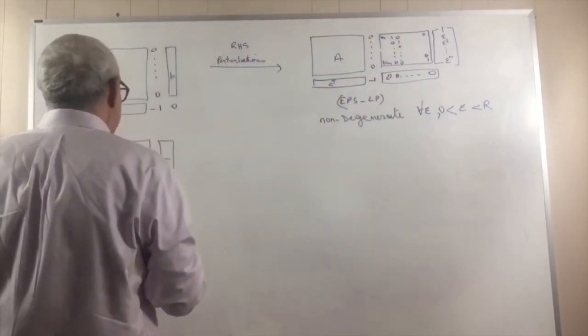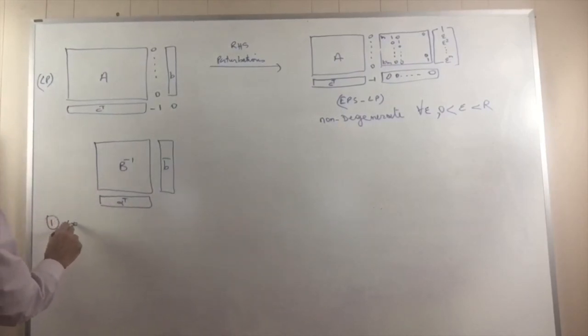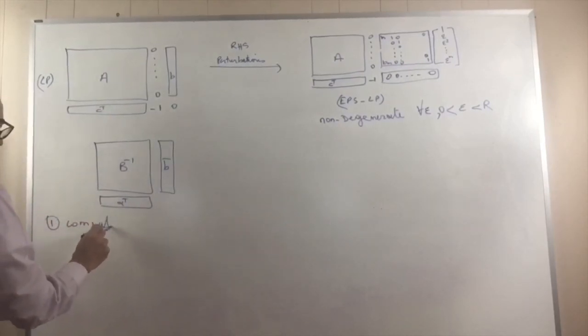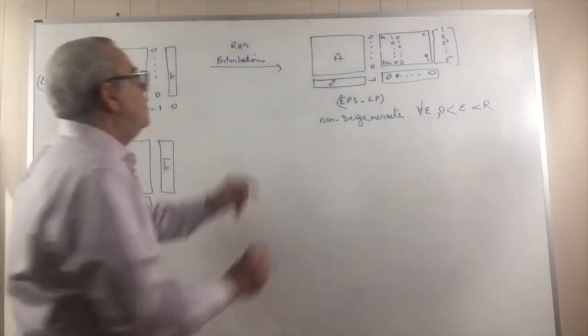The first step in the revised simplex is we compute C bar, the objective, what goes in here.